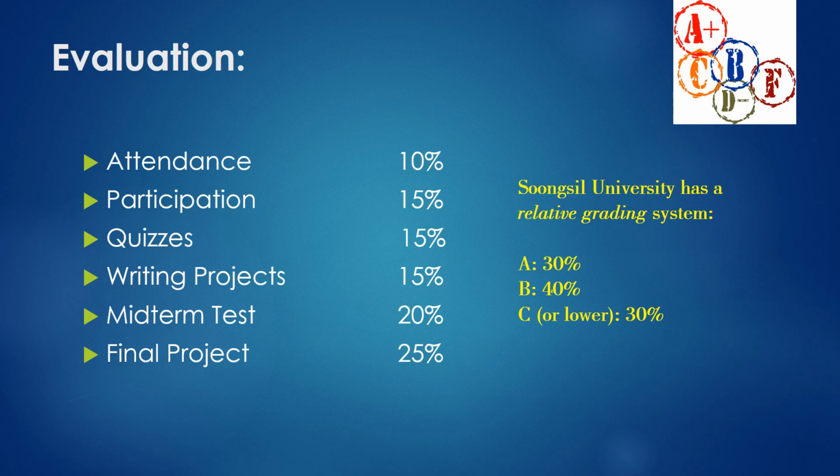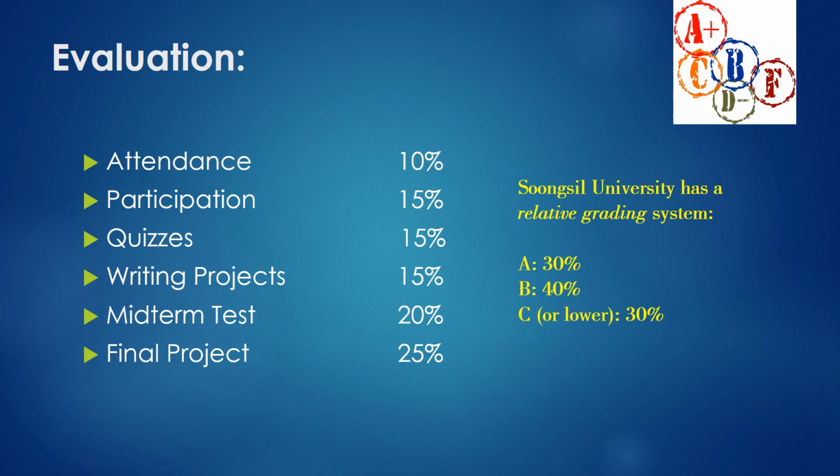So, for example, if there was a class of 20 students, then only 6 would get the A, 8 would get the B, and then the lowest 6 would get the C or lower.